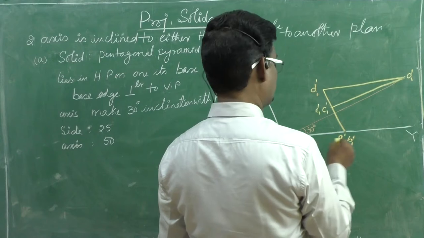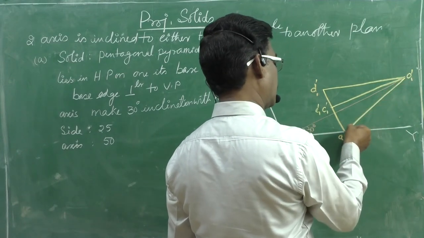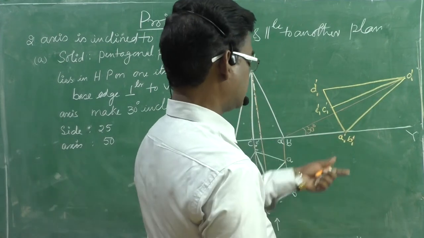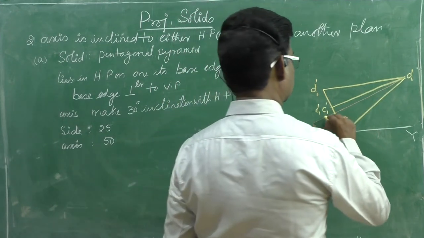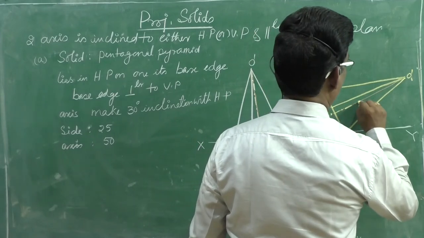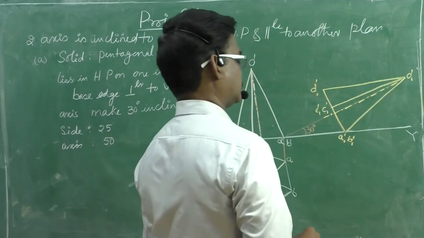Next one, A dash, A1 dash, and B1 dash. For that you need to draw the other side. And this is the axis. For the axis we need to draw a long line, dot, long line, dot, long line. Right.